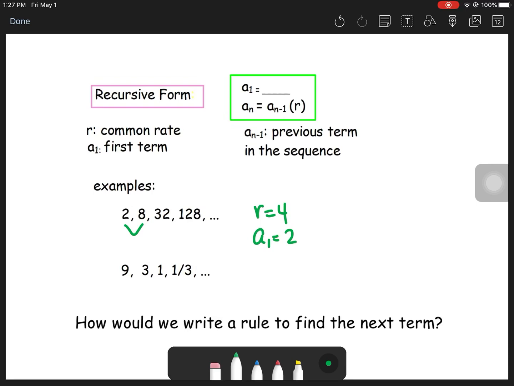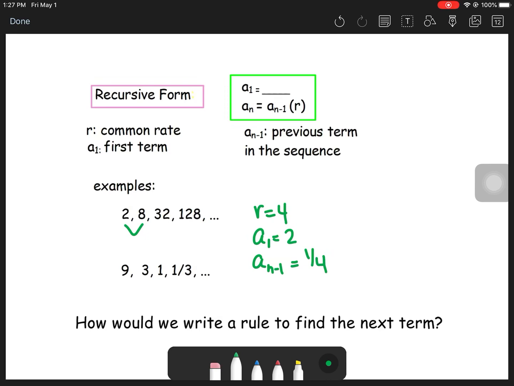The term before would be almost like our 0 term in the arithmetic sequence. So instead of multiplying by 4, we're going to divide by 4. So when we divide 2 by 4, our n minus 1 term, the one that happens before, is going to be 1/4. Okay?